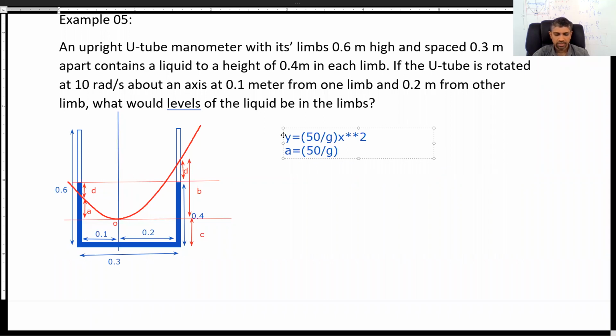X is 0.1, therefore 0.1 squared. So we can apply a similar equation for B, the second limb. Then we can find the value of A and B.